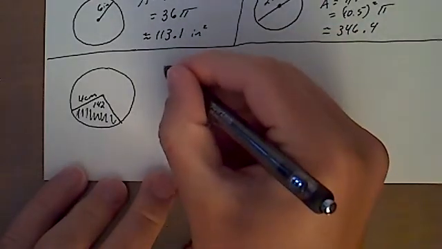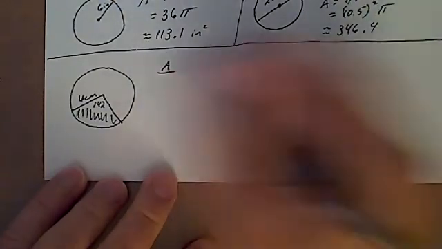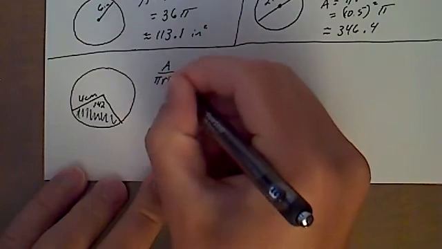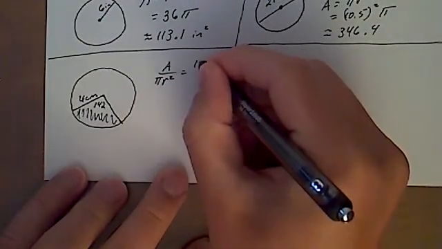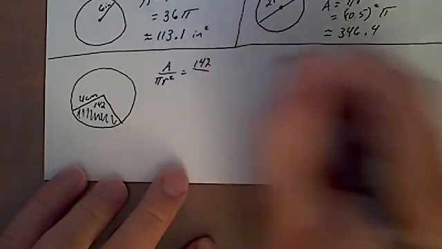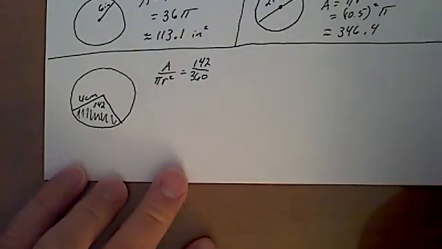Okay. So this is the area of our sector over the area of the circle equals the degrees of the sector, which is 142, over the total degrees, 360. Right.